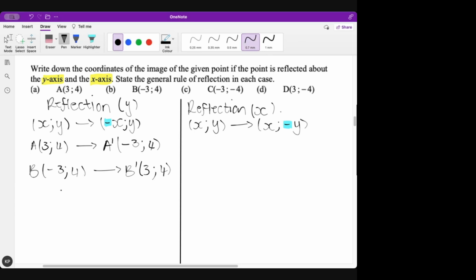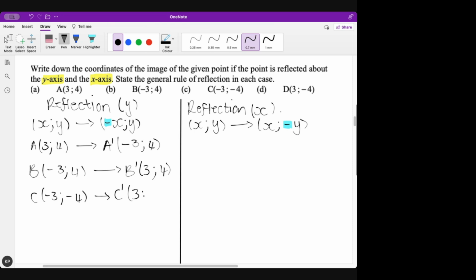Okay, that's why we're doing this activity. C goes from -3, -4. What are my new coordinates for C prime? If only the x coordinate is changing signs, you need to look very carefully here. Yes, Bohlali.